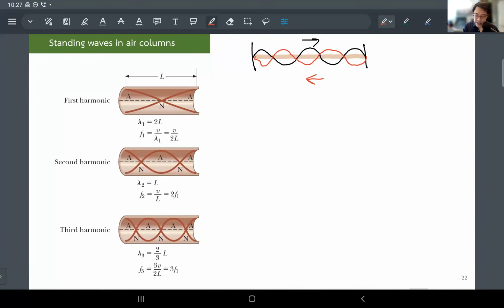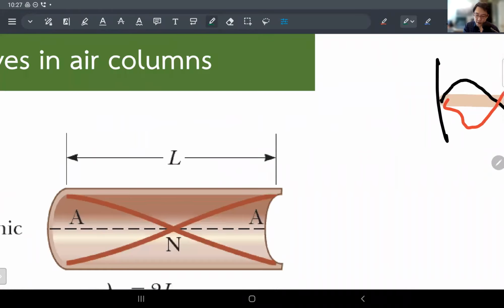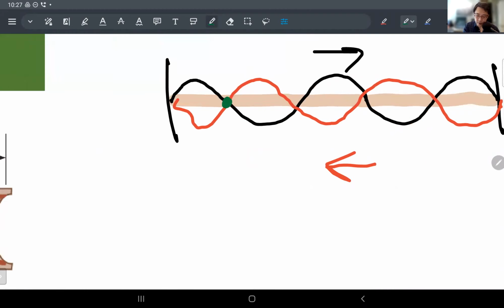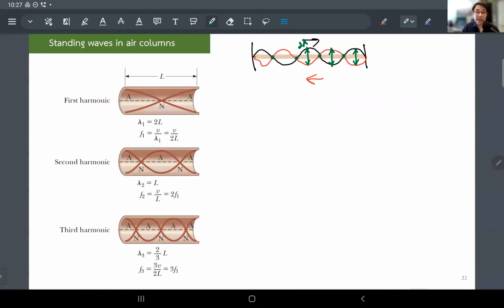By looking at this, you will eventually see that at some points the particle will not move whatsoever, and at some other points the particle goes up and down twice as big as before. That's why you have these loop-looking waves.